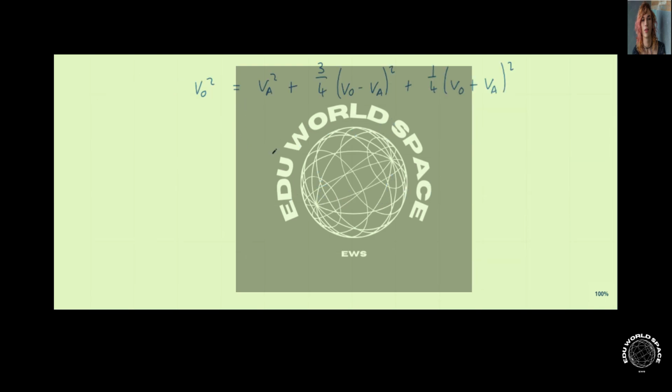So we can see we're left with one equation with one unknown. So V0 squared, we can simplify this, is 2 VA squared plus V0 squared minus V0 VA. So rearranging this equation, we can see that VA, since we know V0, is equal to a half V0.